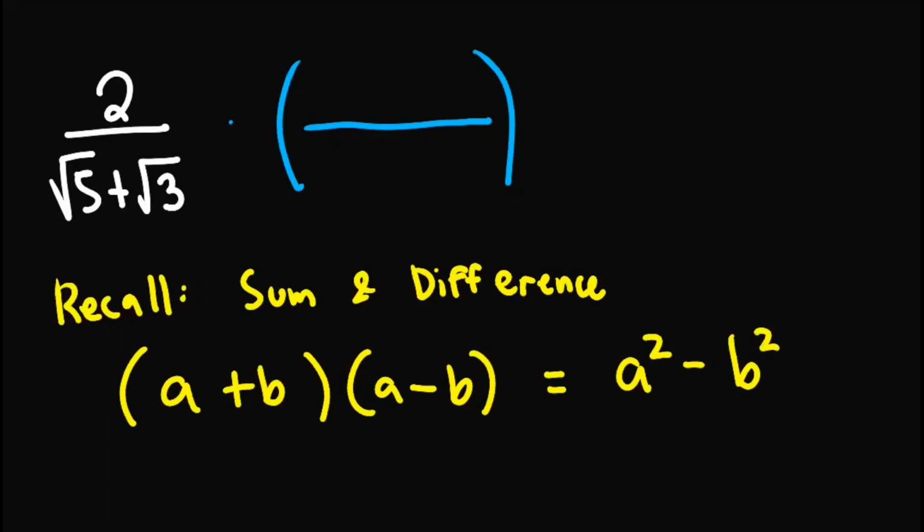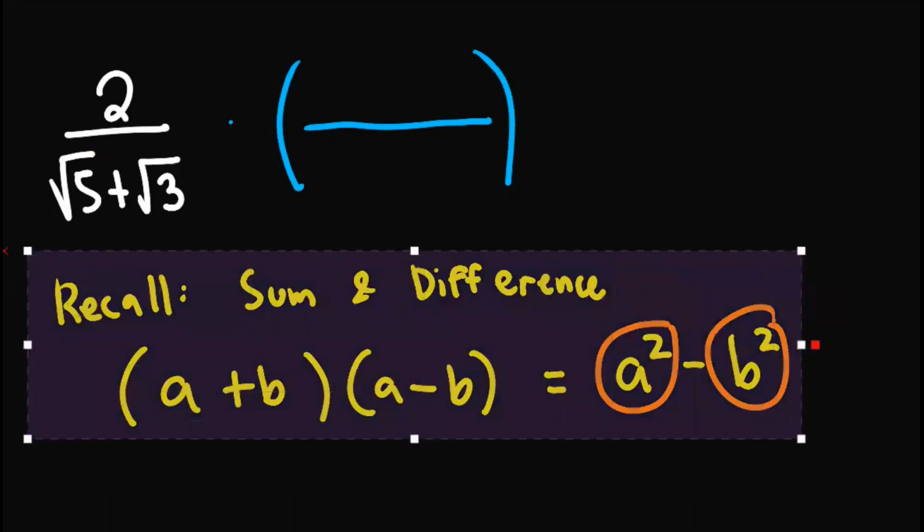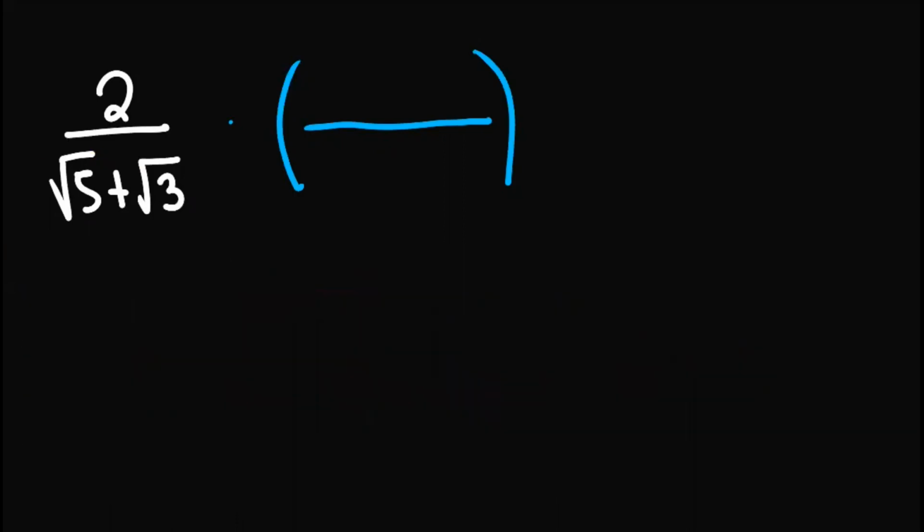And why do you think this is useful in this case? It is useful since we'll be able to square both the first term and the second term. So in this case, we'll be able to square the first term and the second term in the denominator. Indeed, let's show that one.